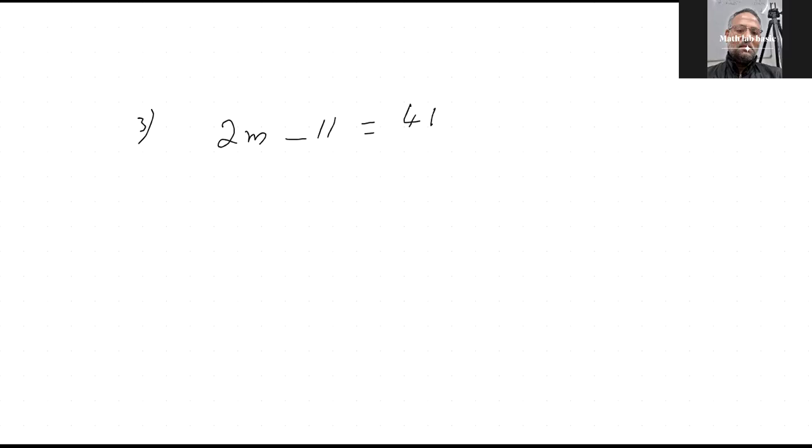Your constant is there, then the operations are subtraction and multiplication by 2. We can write 2m is equal to, this is going to that side. We do transposing.